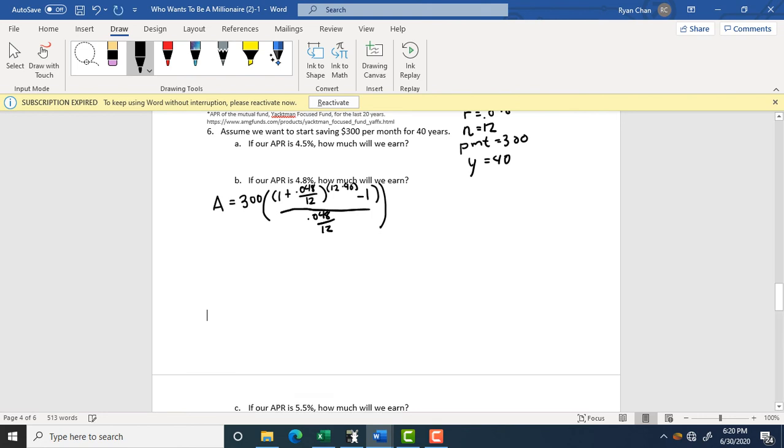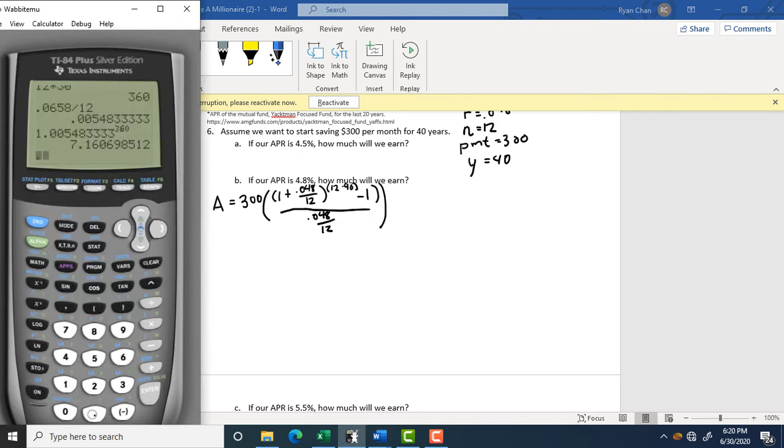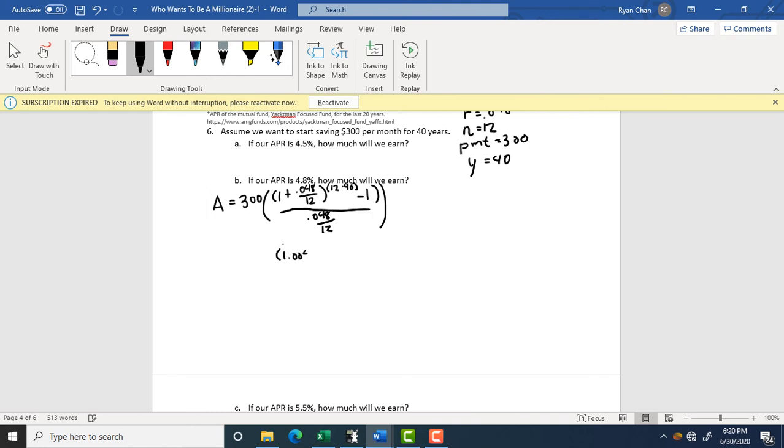Same thing, I want to work this part here first. Remember, I do 0.048 divided by 12, and then I add 1. So this is 1.004. I can do this bottom part separately, and I can do this exponent part separately.